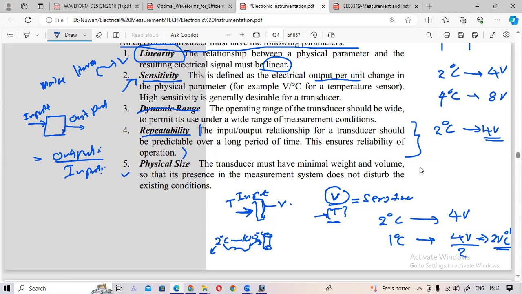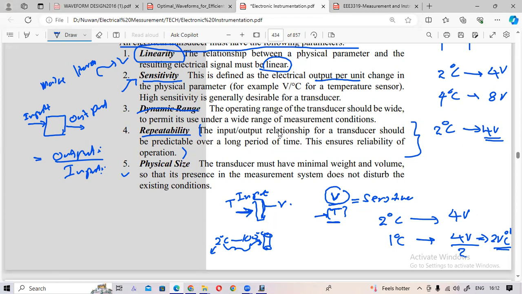If we are getting other values, maybe that sensor should not be used for long, so we should maybe stop using the sensor. That kind of information may be here. Repeatability, so you can get this idea. The transducer should be predictable over a long period of time.